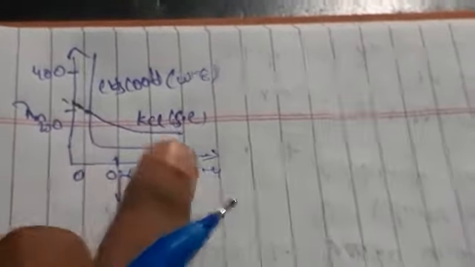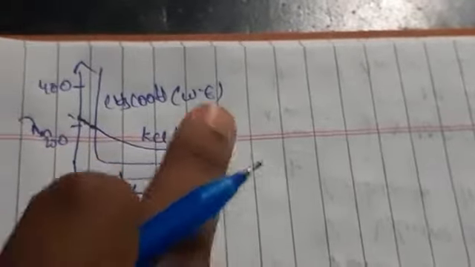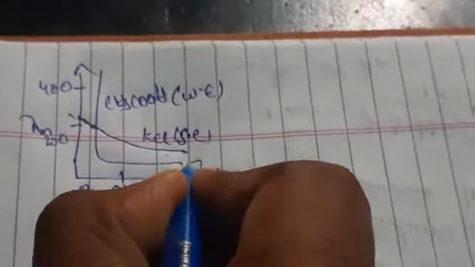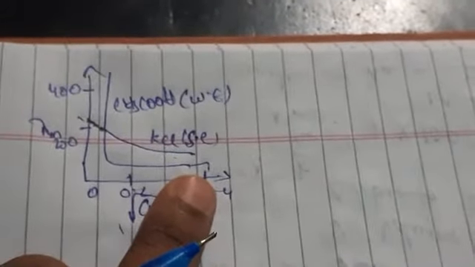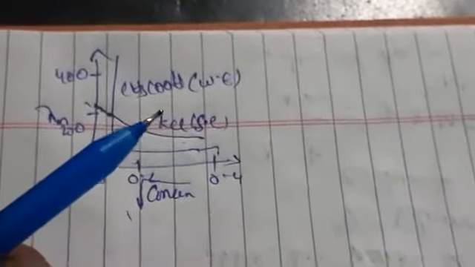But whenever I increase the concentration of CH3COOH, the value suddenly increases. It is not approaching the zero value here.